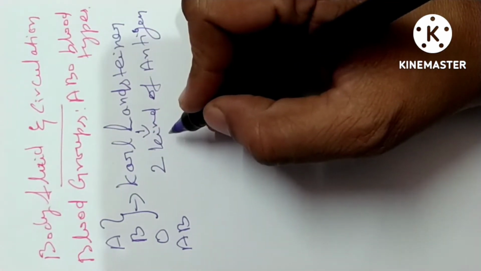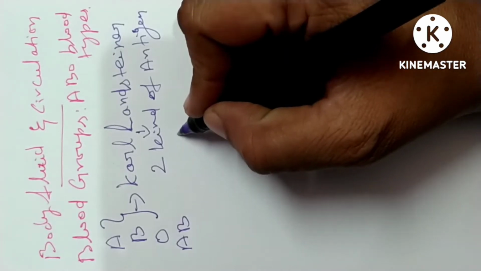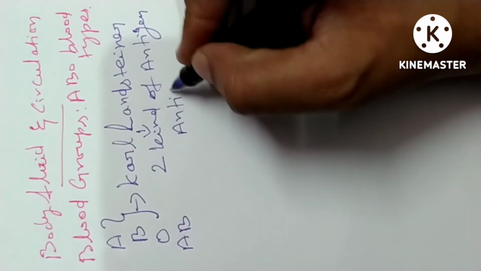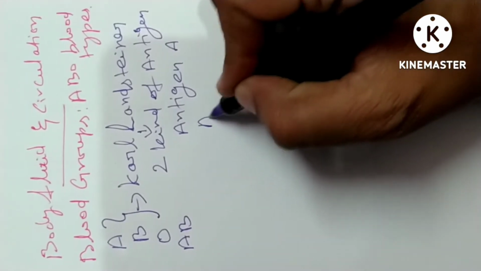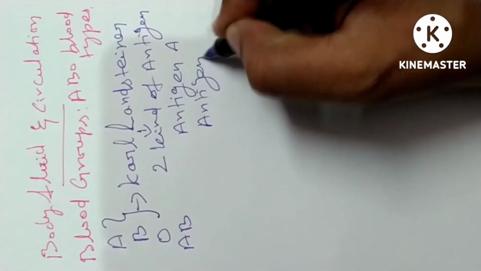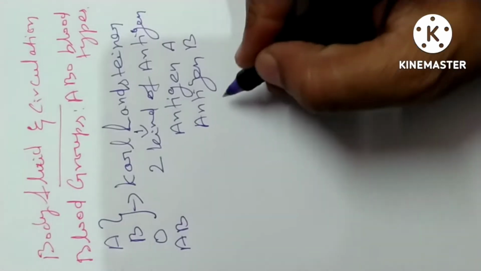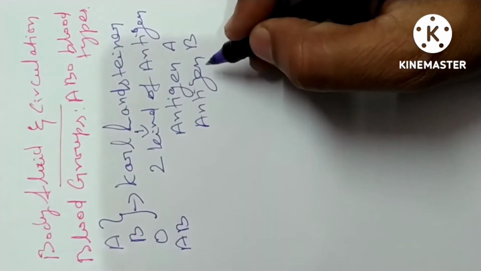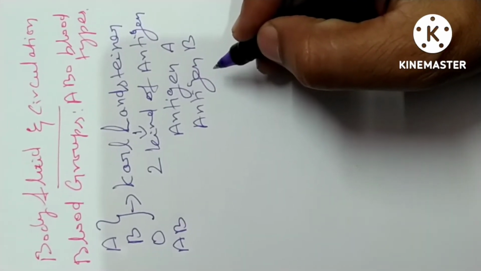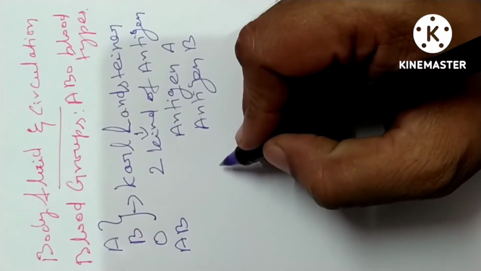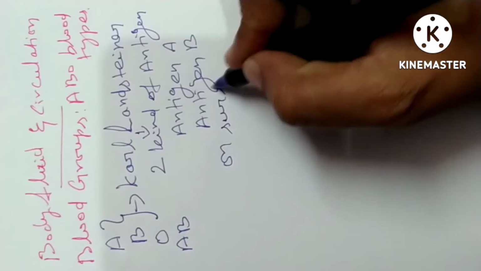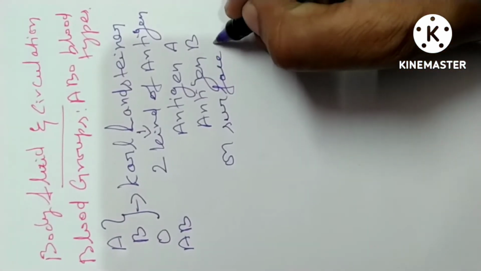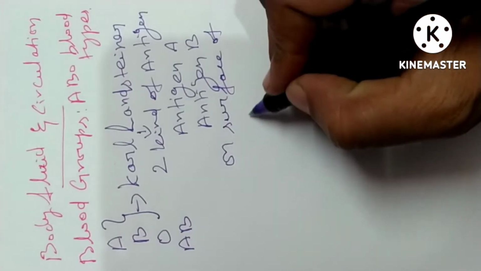That means there can be an absence of these antigens. Antigen A and antigen B are the two antigens present on the surface of RBC.